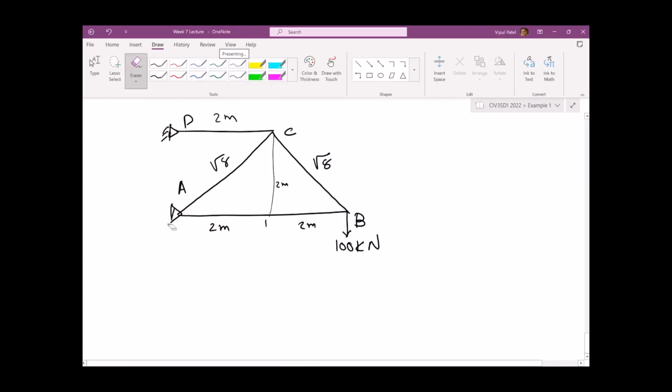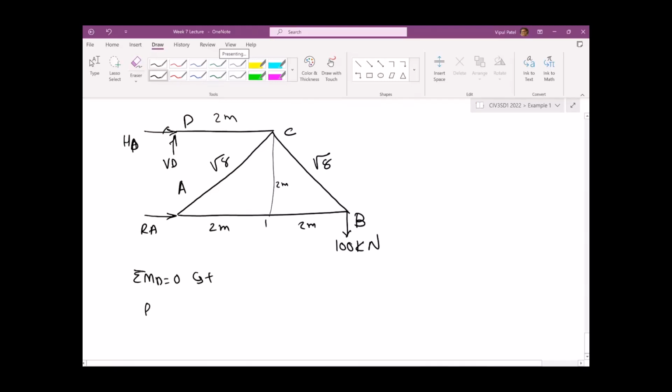Let's redraw the supports. Let's say this is RA, the roller support, and this is the pin support with HD and VD. Let's take the sum of the moments at point D equal to 0, anti-clockwise positive.